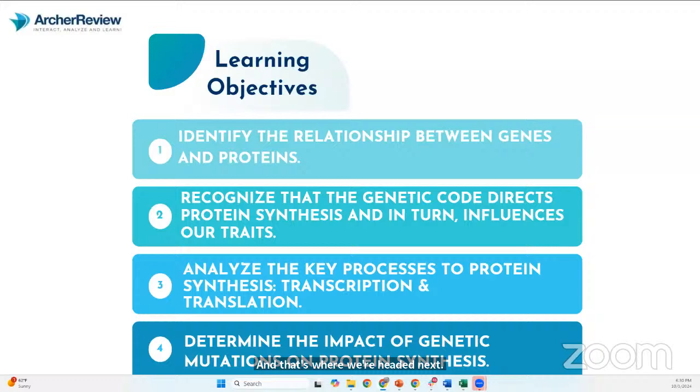So our learning objectives for this category are to identify the relationship between genes and proteins. And we need to recognize that the genetic code is what's directing how proteins get built, and that influences our traits. We're also going to analyze transcription and translation, and that's all part of protein synthesis. And then we're going to briefly look at the impact of mutations on protein synthesis.